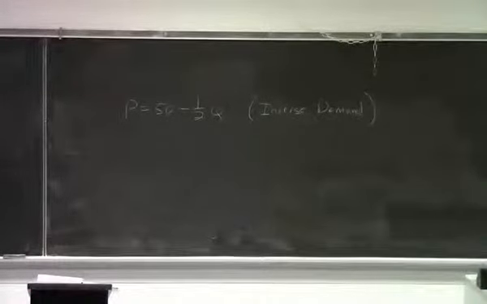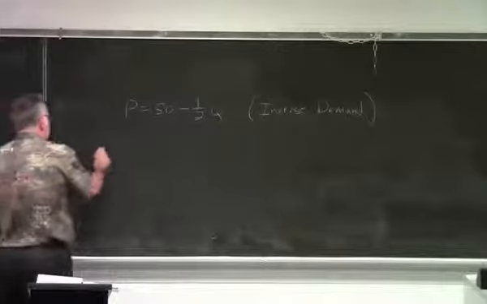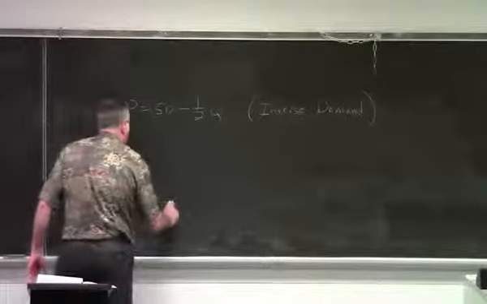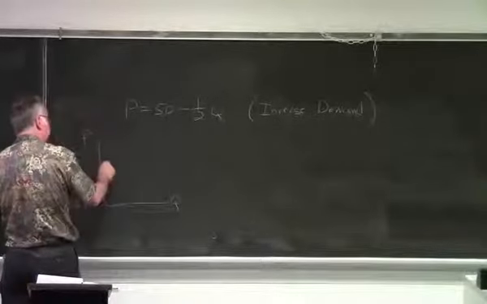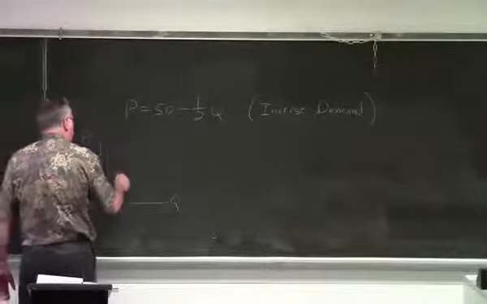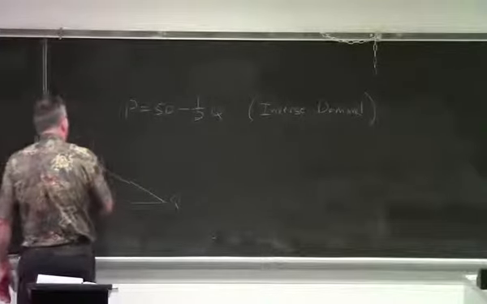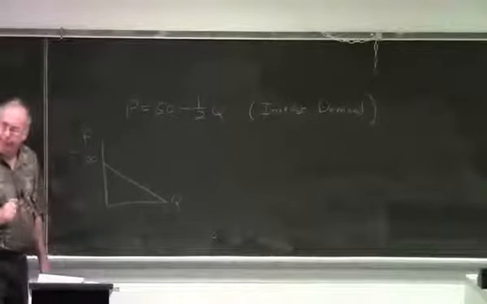Okay, if we graph this demand curve, it looks like this. Let's measure P on the vertical axis and Q on the horizontal axis. Just a straight line with a slope of minus 1/2. Vertical intercept's 50, the slope, minus 1/2.